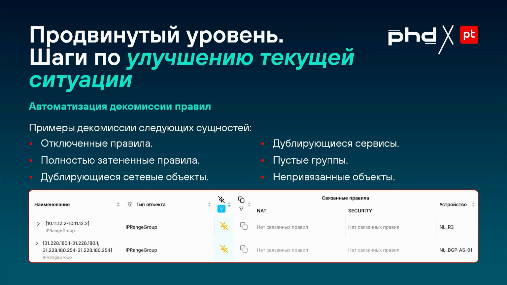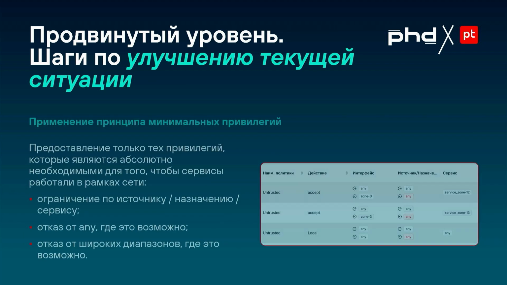And that due to certain reasons, if there's a problem with a certain rule, we can automatically do the decommissioning of this rule, which helps us to optimize the work of the firewall itself.